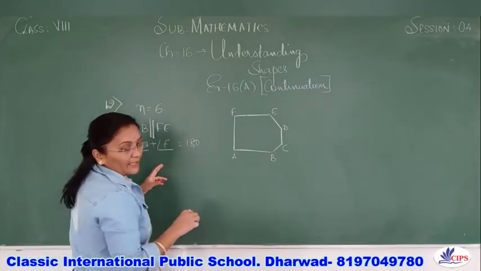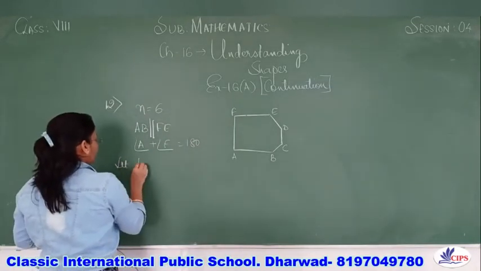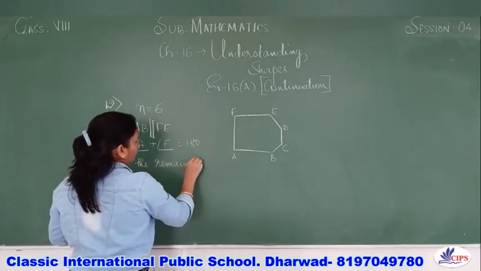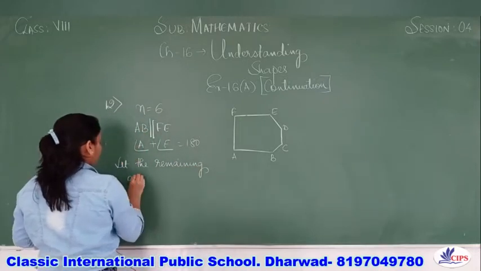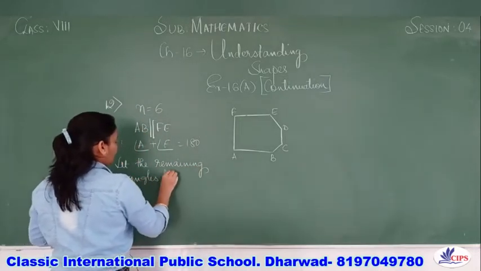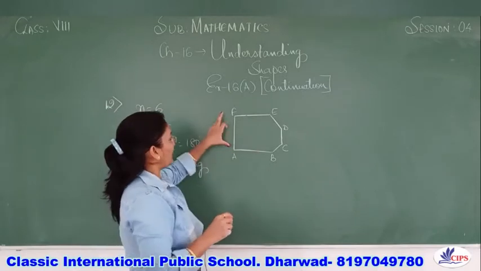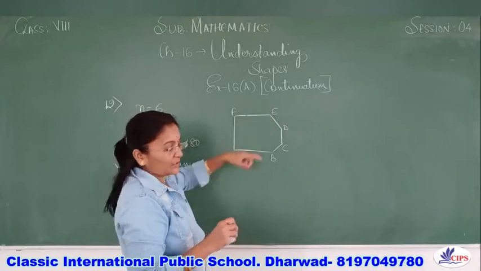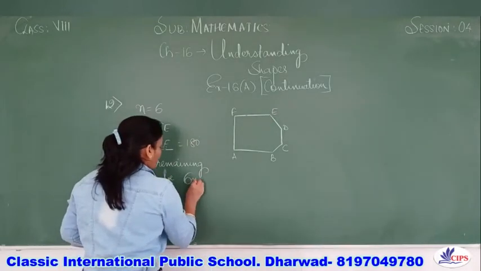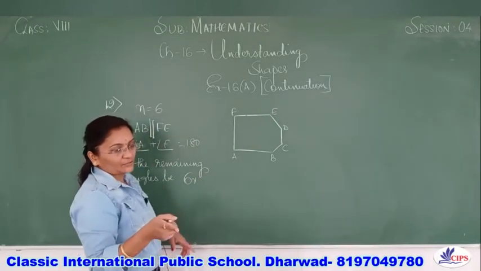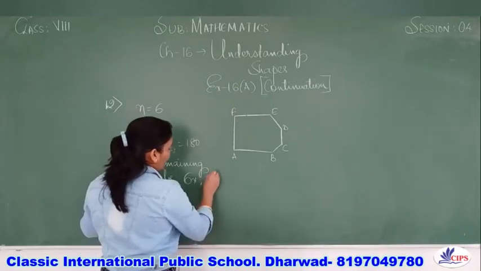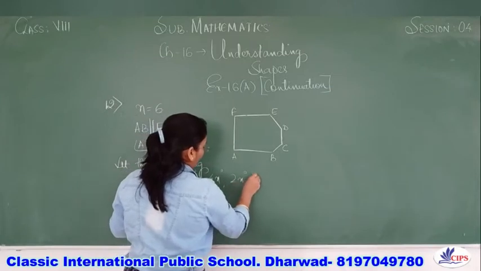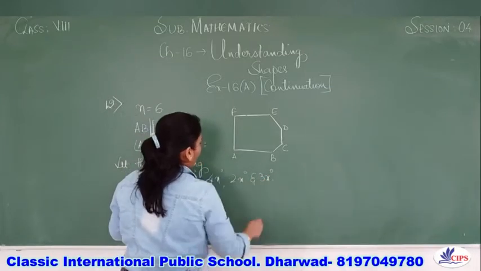Next, let the remaining angles be. Here A and F we have already got, so B, C, D, E are the remaining angles. They have given the ratio 6:4:2:3, but we are assuming them as 6x degree, 4x degree, 2x degree and 3x degree.